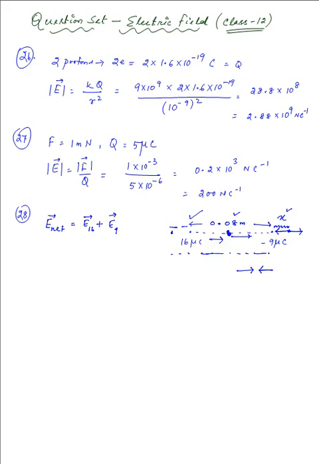Vectorially, the magnitude is the root of E16 squared plus E9 squared plus 2 times E16 times E9 times cosine of the angle. With the forces being opposite, the angle between them is 180 degrees, so this is cosine of 180.